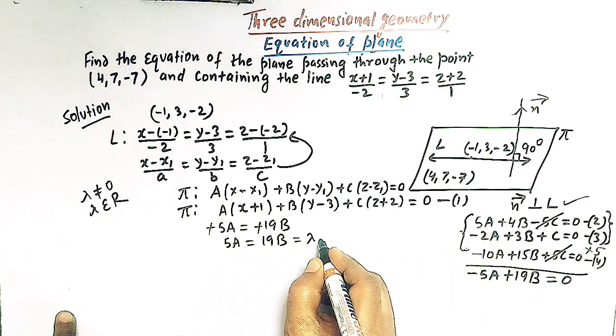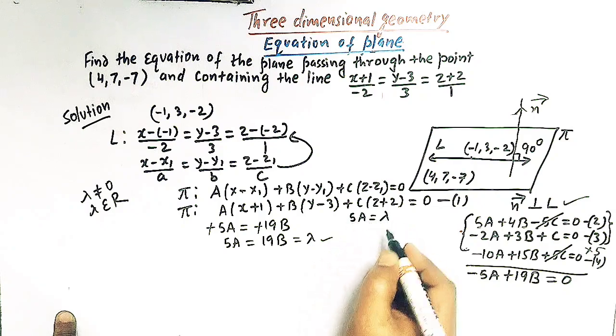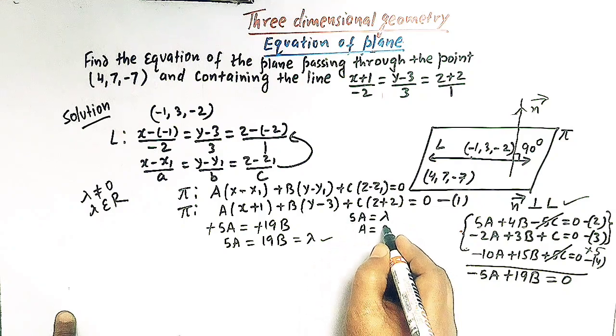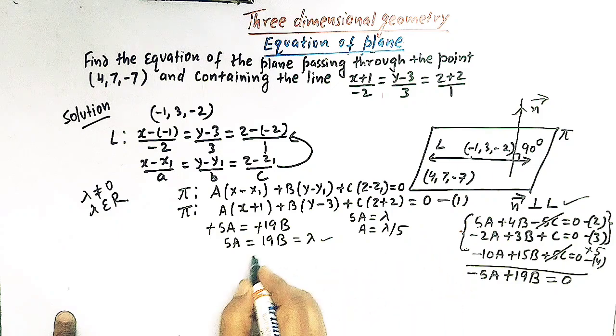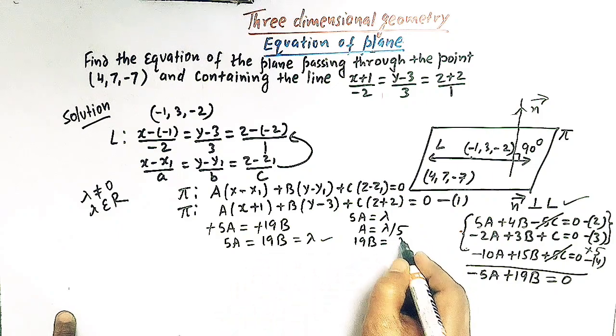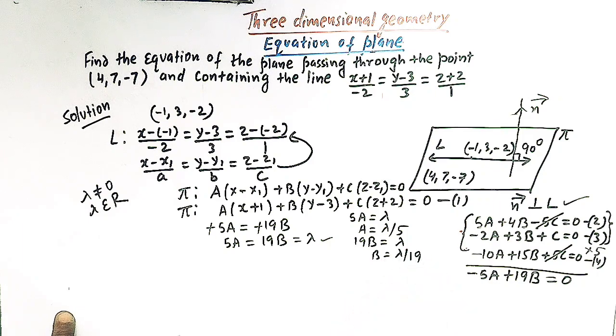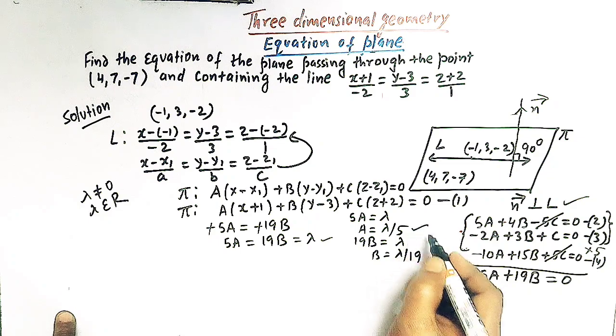So from here we can now write 5a is equal to lambda. So a is equal to lambda over 5, and from here we have 19b is equal to lambda, so b is lambda over 19. So now a and b are expressed in terms of lambda.